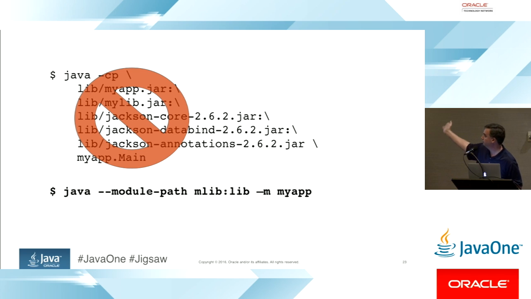And so that's it. We modularized an application with two techniques. First, we built modular jar files for our own application code by writing and compiling module-info.java files.